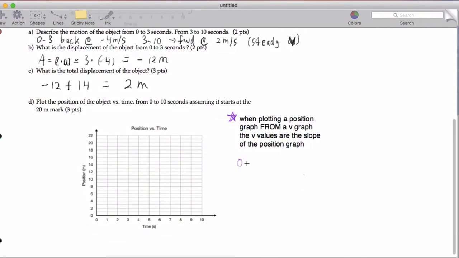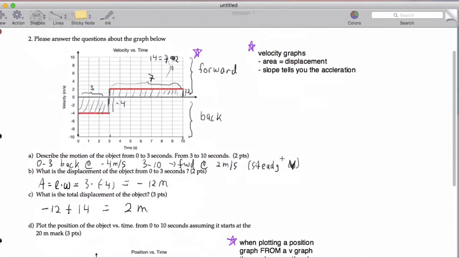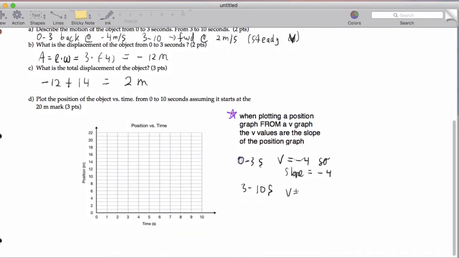So from 0 to 3, my velocity is -4, so slope equals -4. And I'm really going to use that as a rise over run. And then from 3 to 10 seconds, my slope is 2.